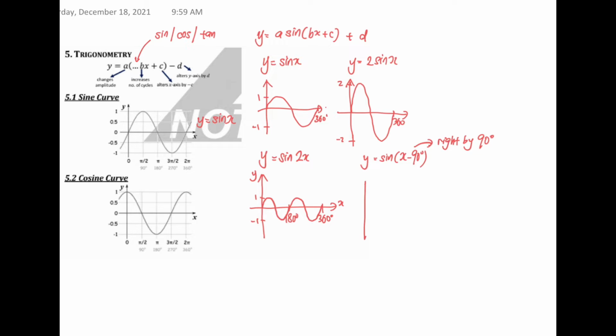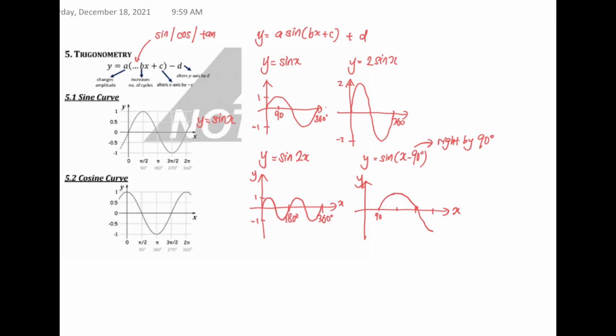Okay, so let's see how. This is the graph. Let's start from the basic graph here, where you have to know that 90 degrees is where the graph reaches the maximum. Now 90, 180, 270, 360. So 90 degree is where the graph starts to turn and go down, to the minimum, and then no more.